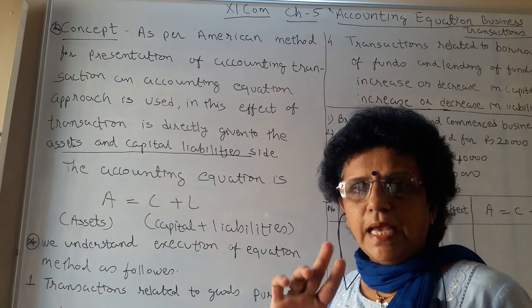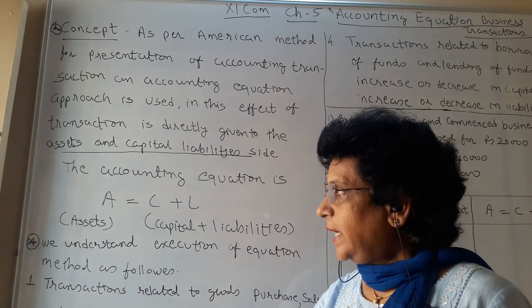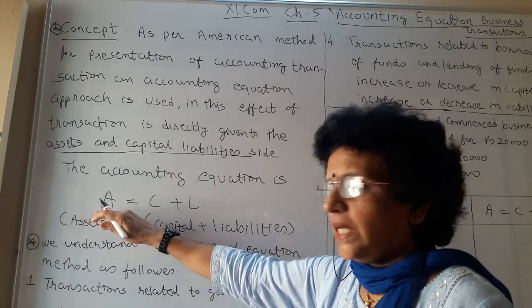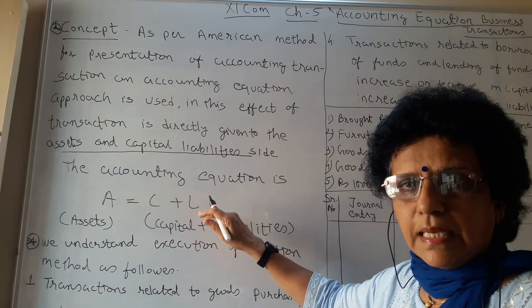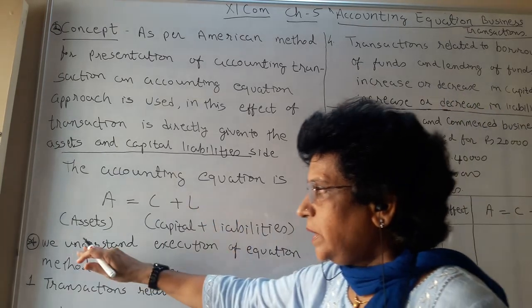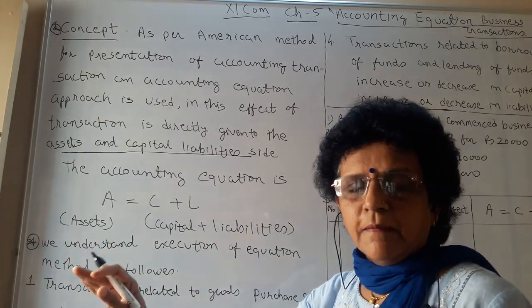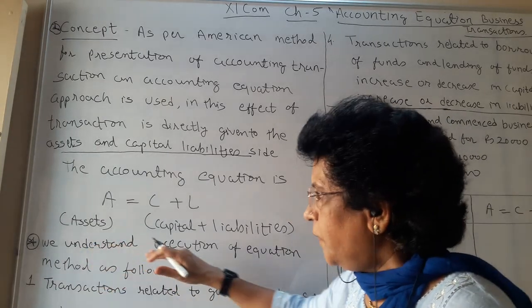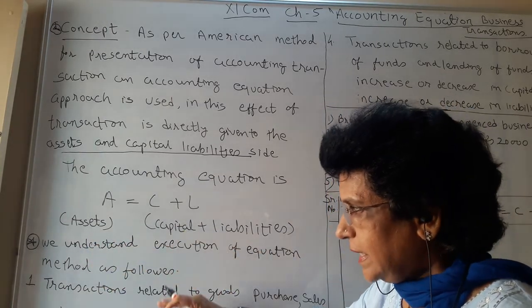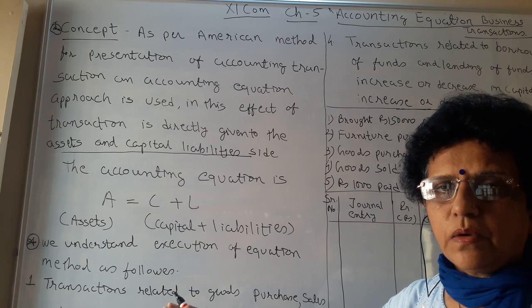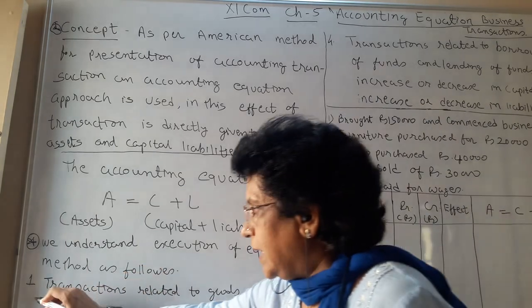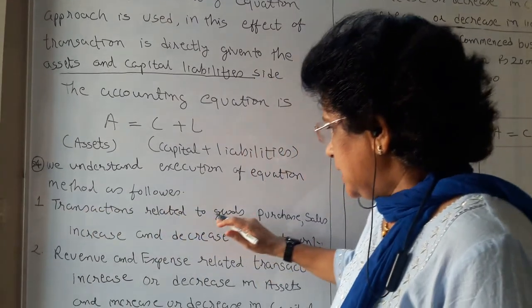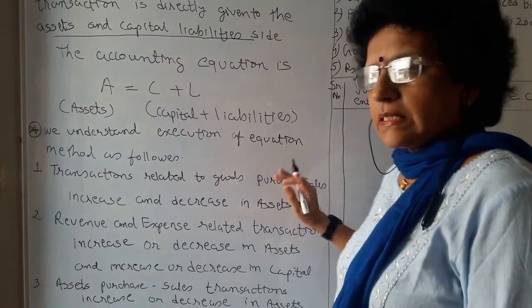Every transaction has a minimum of two effects, and those two effects are to be shown on the assets as well as the capital plus liability side. Now if you broadly divide your transactions into four categories, you can easily understand how in equation form you can record the transaction. Number 1, the transactions related to goods purchase and sale.